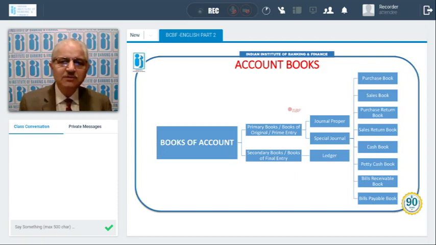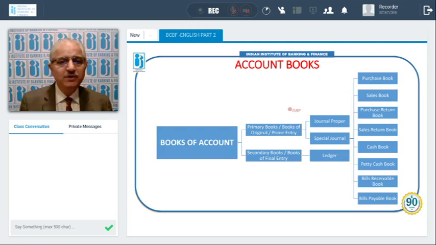Entering 1,000 transactions might be okay, but it takes time. We also have a system of preparing ledger accounts because I might be making credit sales. If each transaction has two aspects, debit and credit, and I debit one account and credit the same account individually, it will consume time.